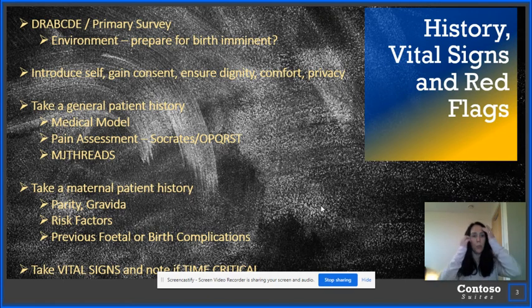Okay, so general history taking, vital signs and red flags. These are the sort of things that you're going to be doing. So come into the room, as usual, we're checking for danger, we're checking for response. Hi, my name's Gemma, I'm a paramedic. What's the problem today? Doing her A, B, C, D, E. So patient replies to me, she's got a patent airway.